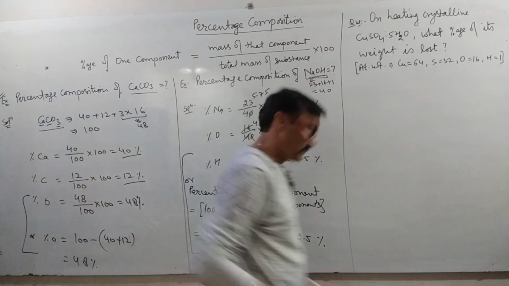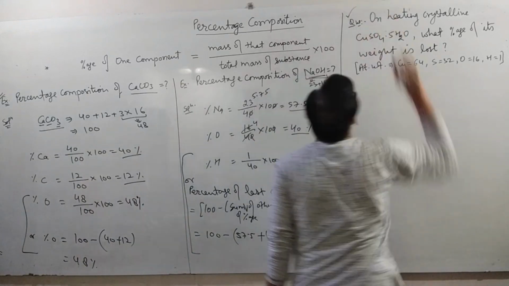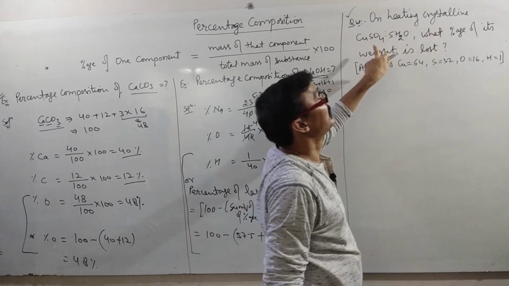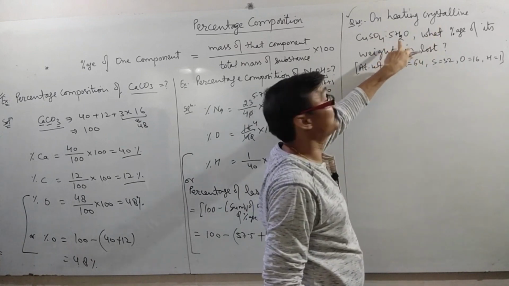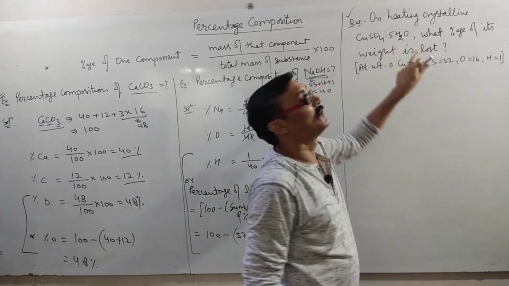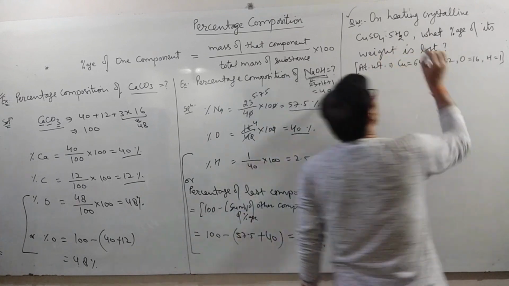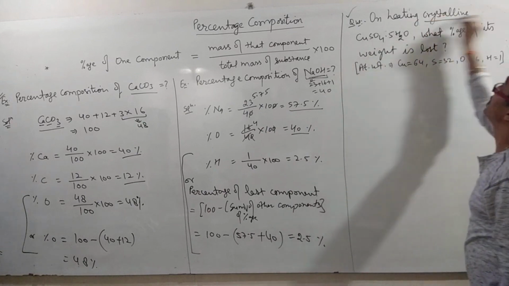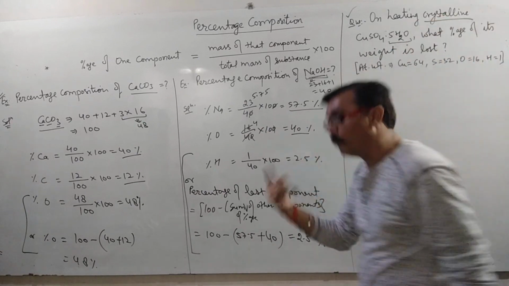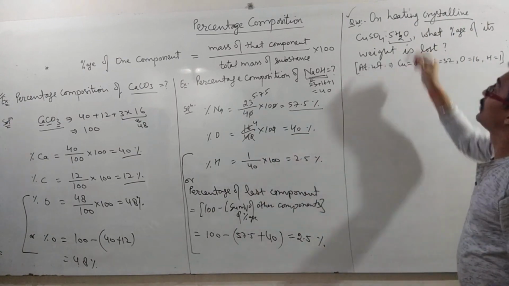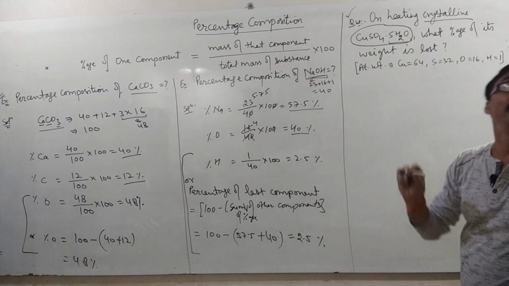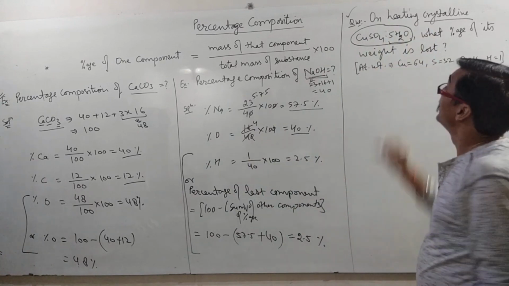Now guys, the next question: on heating crystalline copper sulfate, CuSO4.5H2O, what percentage of its weight is lost? On heating any crystalline substance, its crystalline water molecules get removed. That is why the loss in weight is the loss of weight of water.